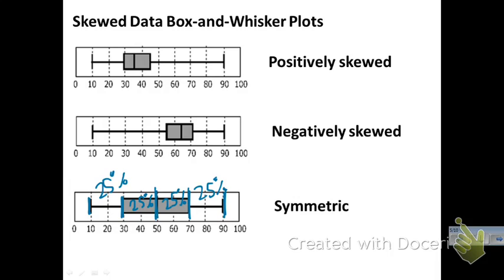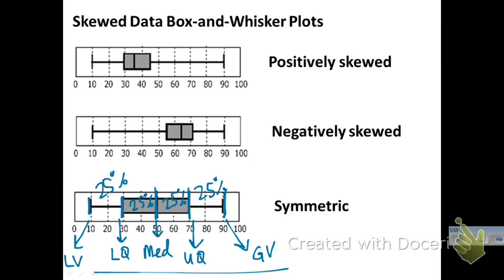So they say it's divided into quartiles. We call this the lower quartile. This one's known as the upper quartile. This value will be your greatest value, and this will be your least value. This thing right in the middle is called the median. And we will go over these in great detail when we actually specifically study box and whisker plots.